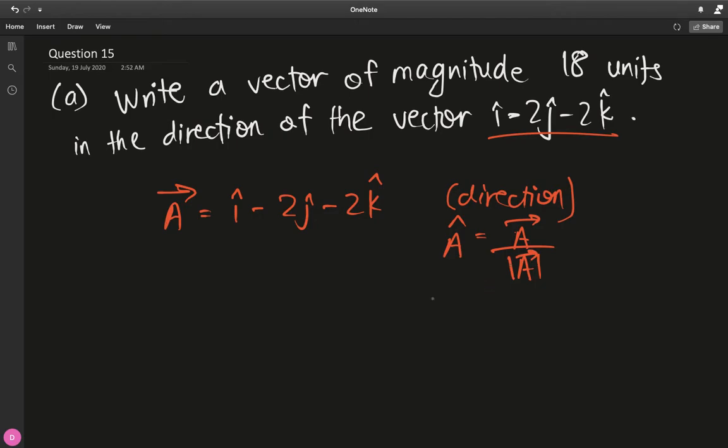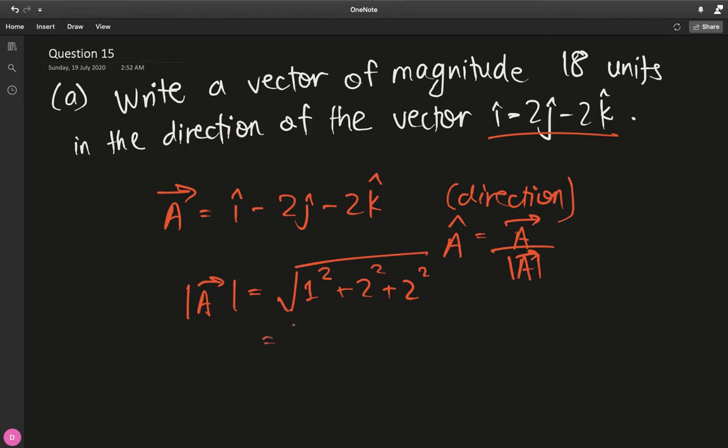So we need to find the magnitude of A vector using the Pythagorean theorem in three dimensions: coefficient of i cap squared plus coefficient of j cap squared, ignoring the negatives, it will be 2 squared, and then coefficient of k cap squared.